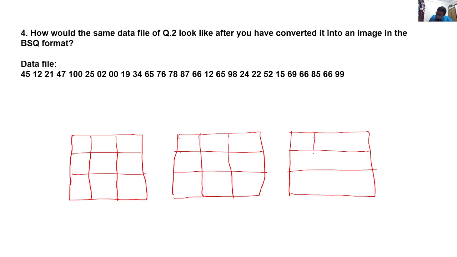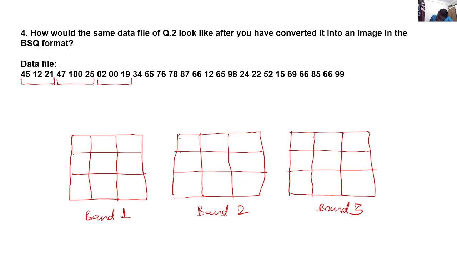Okay, so we are again doing the same thing. This is, let us say, band 1, this is band 2, and this is band 3. These are the data. So the first 9 data, 45, 12, 21, first 3, next 3. All these 9 data will go to band 1 straight away.